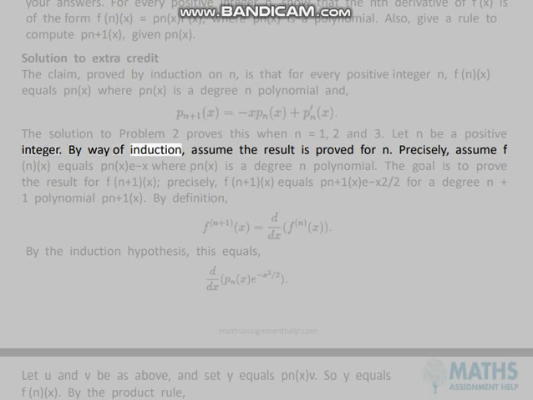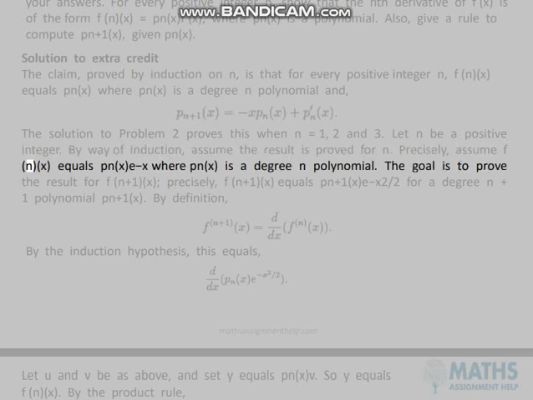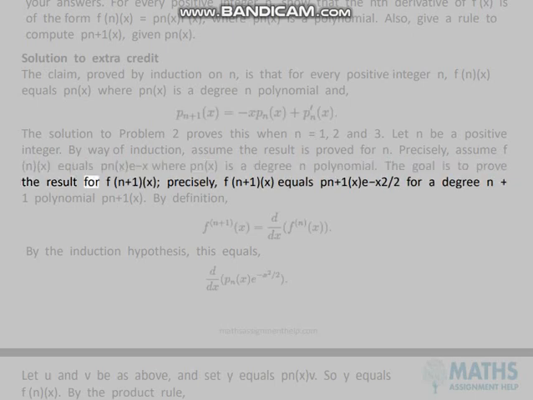By way of induction, assume the result is proved for n, precisely, assume f^(n)(x) equals Pn(x) e to the minus x squared over 2, where Pn(x) is a degree n polynomial. The goal is to prove the result for f^(n plus 1)(x), precisely, f^(n plus 1)(x) equals Pn plus 1(x) e to the minus x squared over 2 for a degree n plus 1 polynomial Pn plus 1(x).